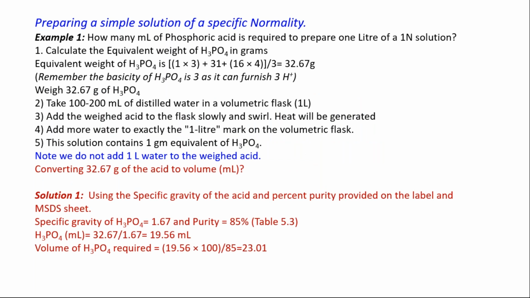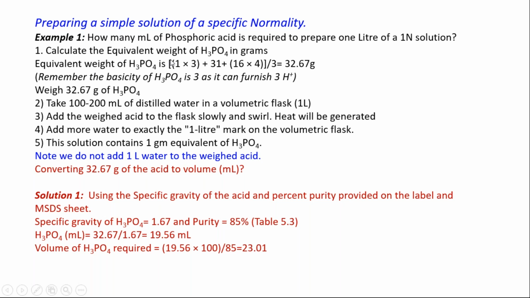So how to prepare a simple solution of a specific normality? The question here is, how many milliliters of phosphoric acid is required to prepare 1 liter of a 1 normal solution? So calculate the equivalent weight of phosphoric acid. Very clearly you see that the basicity is 3.